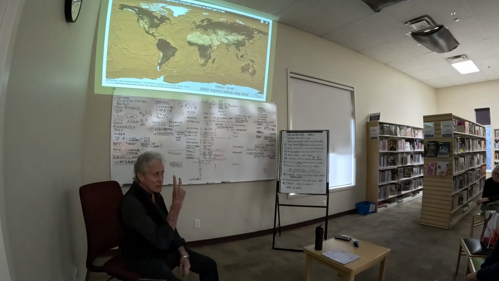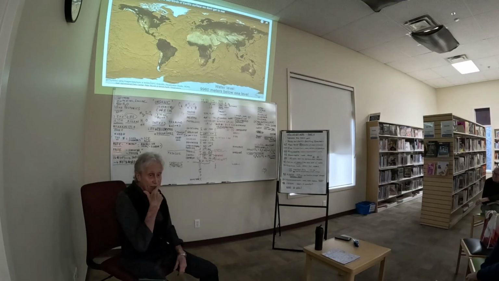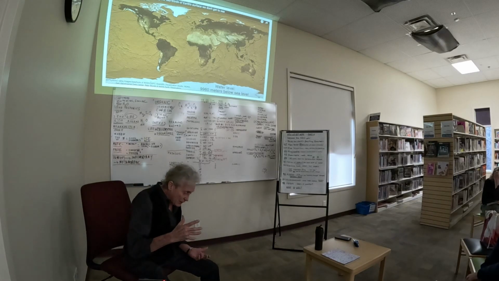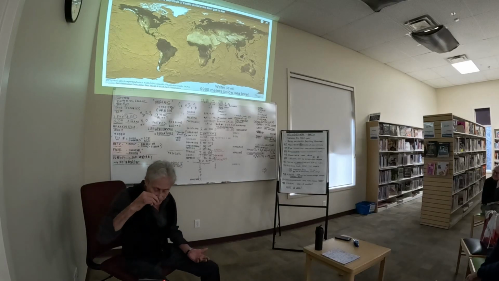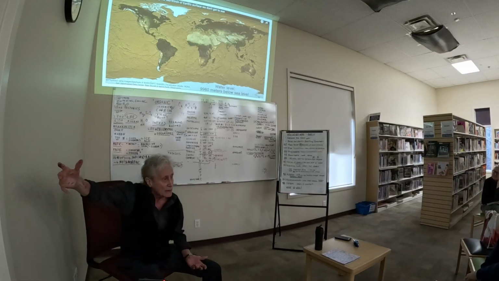Every 2 centuries, we get one the size of a football field. When we get one the size of a football field, you wouldn't want to be in the immediate vicinity. But that's not nearly as big as the one that landed, that killed the dinosaurs, right? But that was only 10 or 15 kilometers wide.